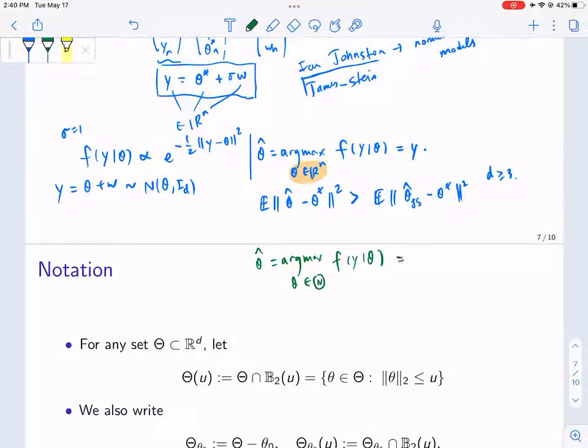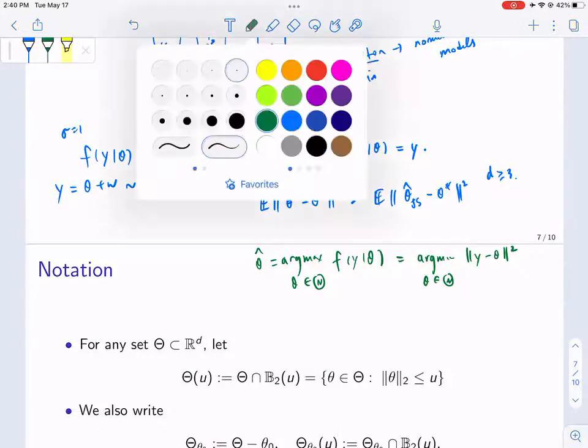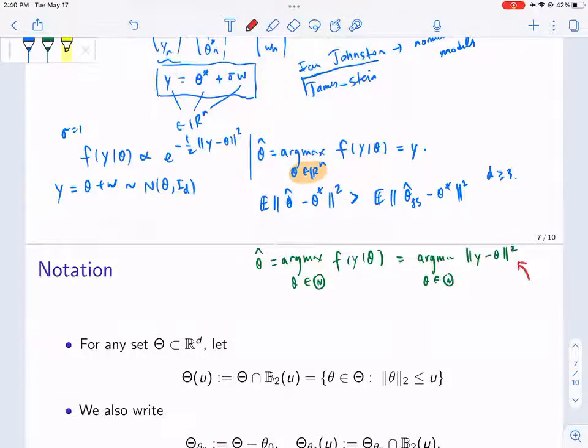In this case, that would be argmin of the norm of y minus theta, squared. Maximizing the likelihood becomes minimizing this. So this is like finding the theta that's closest to y, but within capital theta. This is an example of a projection estimator.